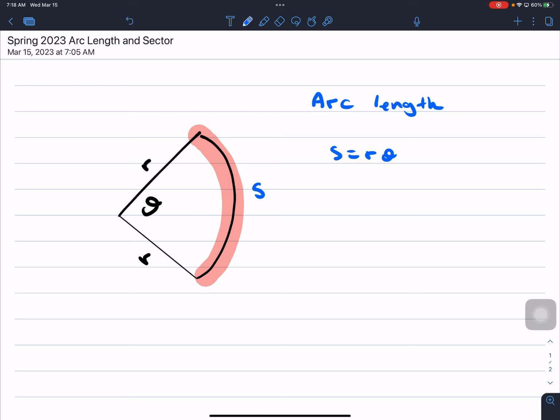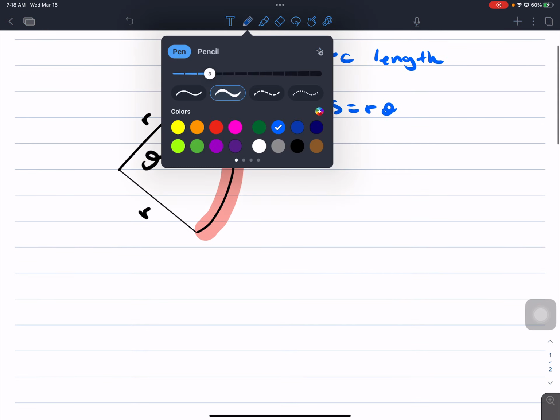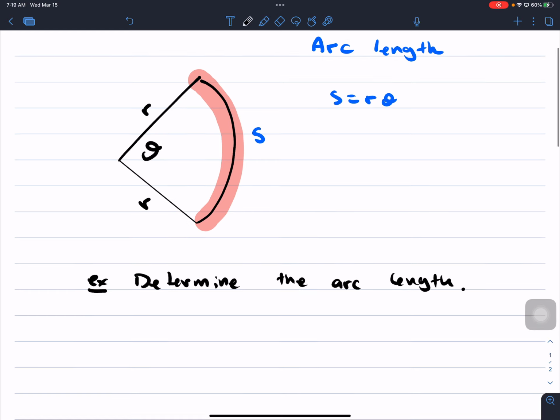Now, you say, okay, well, how do we kind of use this? Well, for example, first of all, they're going to give you guys a whole bunch of examples. They're going to say, determine the arc length. Okay? So here you go.